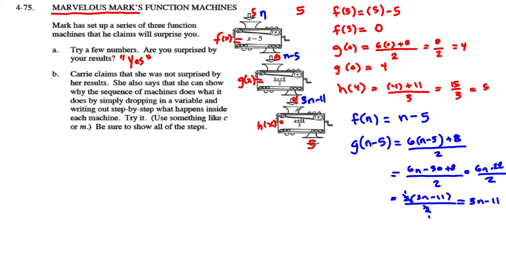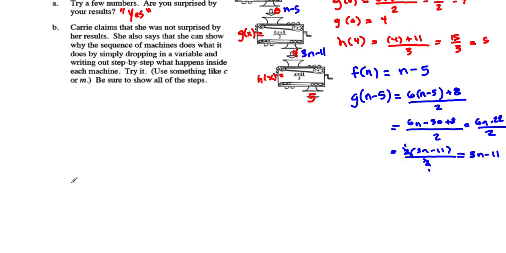It now becomes the input into h of x. Let's scroll down just a little bit. There we go. So h of our input, 3n minus 11, should equal, plugging it in for x, 3n minus 11 plus 11 all over 3. 3n minus 11 plus 11, well, these are additive inverses, so that gives us 0.